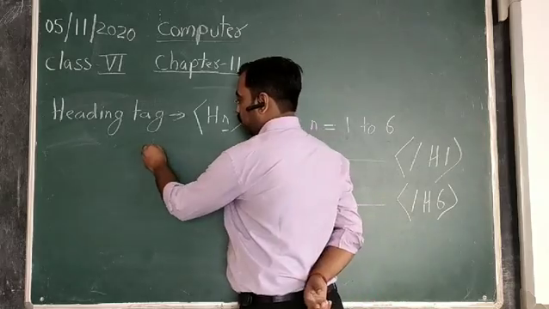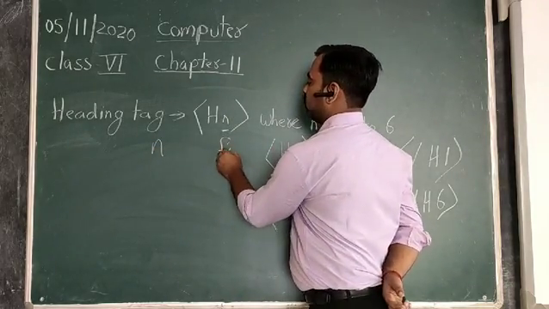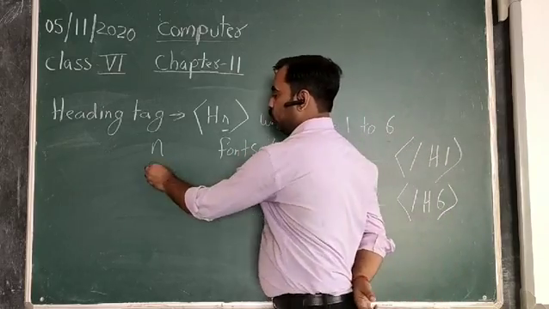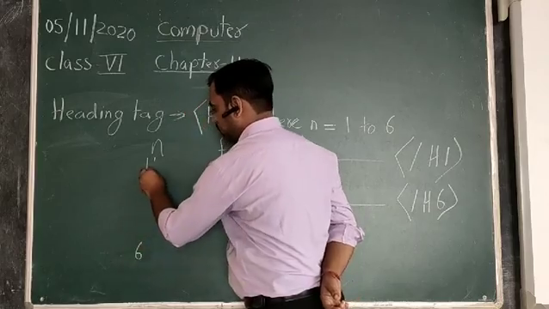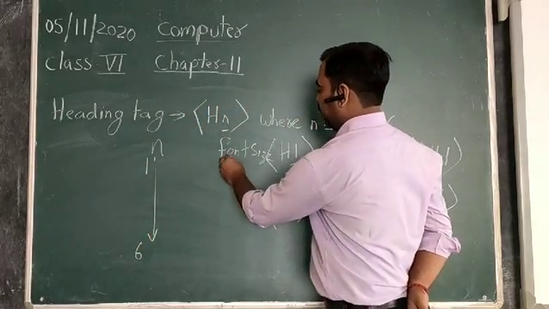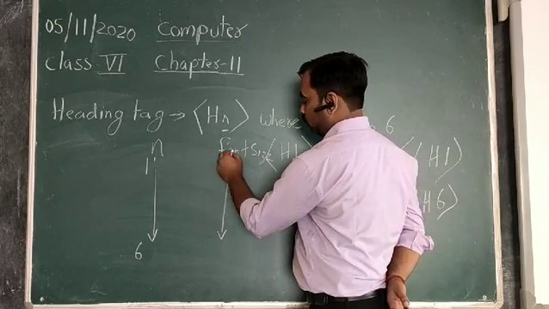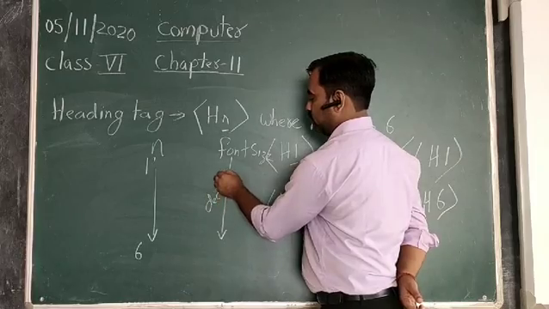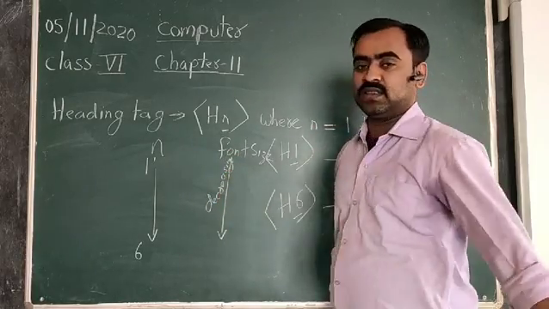Suppose this is n and this is the font size. This is 1, this is 6. As you move from 1 to 6, the font size starts decreasing.